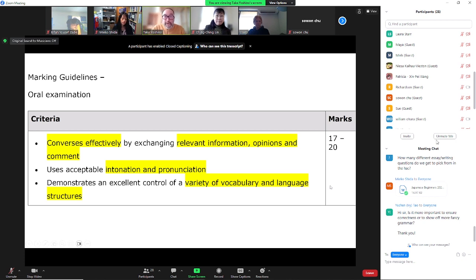Okay, I think the error fits in the 3rd point, demonstrates an excellent control of variety of vocabulary and language structure. I think that kind of balances out. If you have demonstrated a good amount of language structure used correctly, I can give you like 20 out of 20, but with some errors, it might go down a bit.